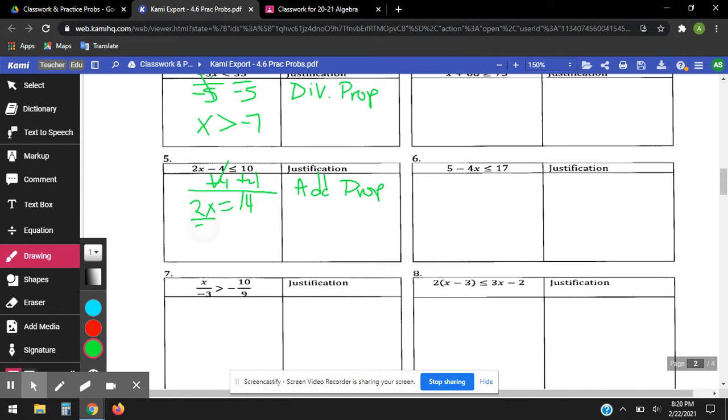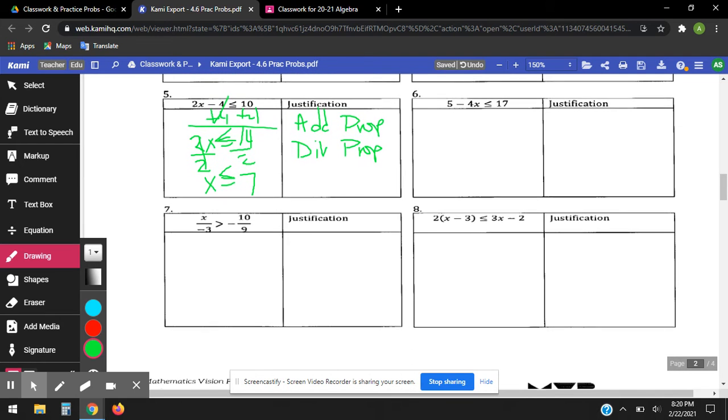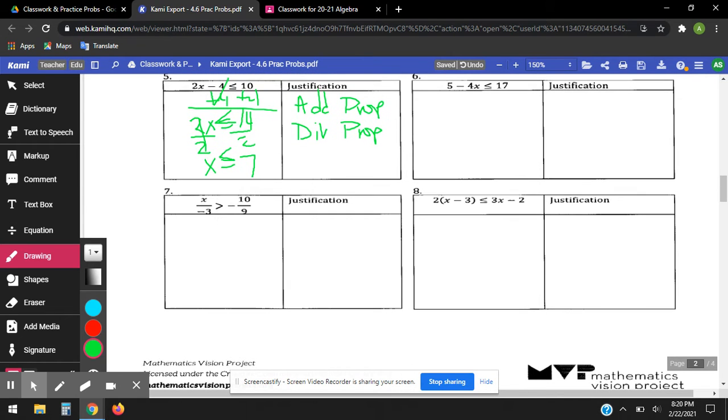To get rid of a times 2, I need to divide by 2. That's a division property. Those cancel. X equals 7. So that's, oh, not equals. Less than or equal to 7. And I didn't have any negatives involved, so I don't have to do anything else. So you can do the even ones on your own.